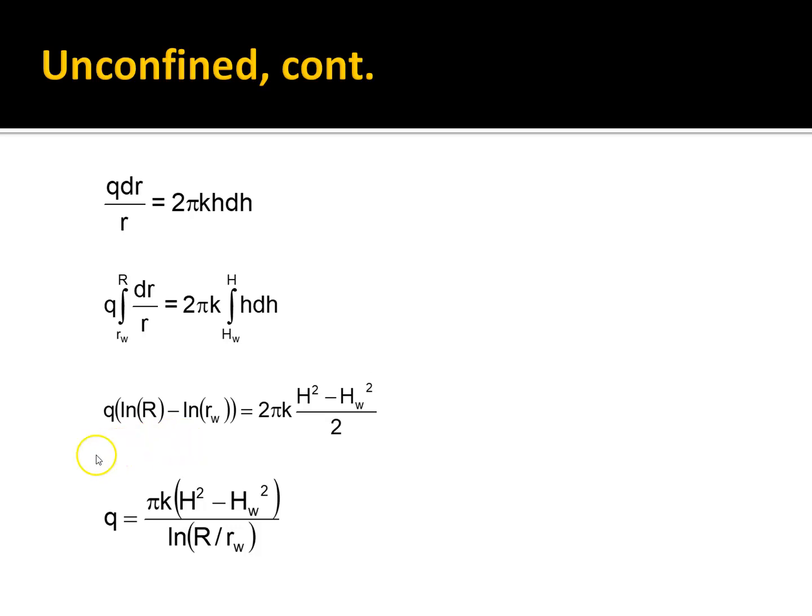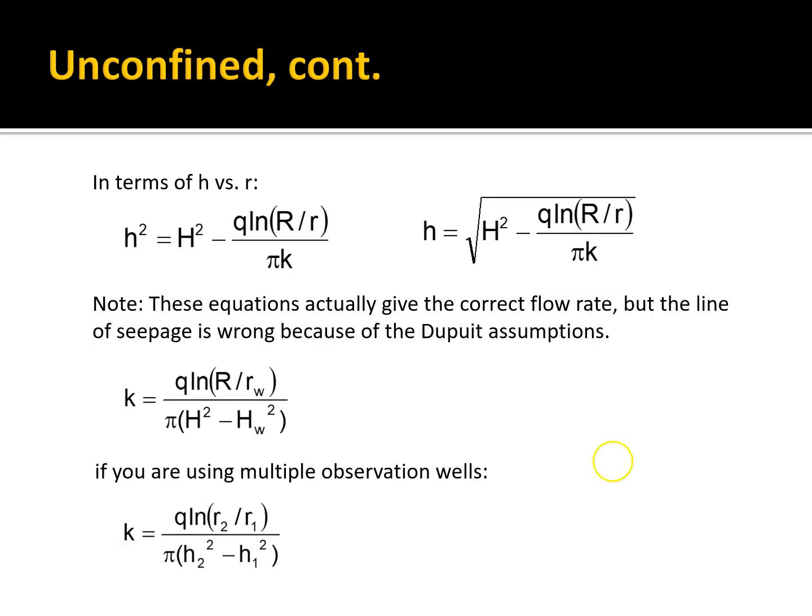And so this is the equation for the flow rate to a well in an unconfined aquifer as a function of these boundary conditions. And again, you can use other kinds of boundary conditions. So if your other boundary condition is any r and h, instead of using the height of water at the well and the radius of the well, and then capital H and capital R for your other variable, you get this expression, and you can solve that for h.